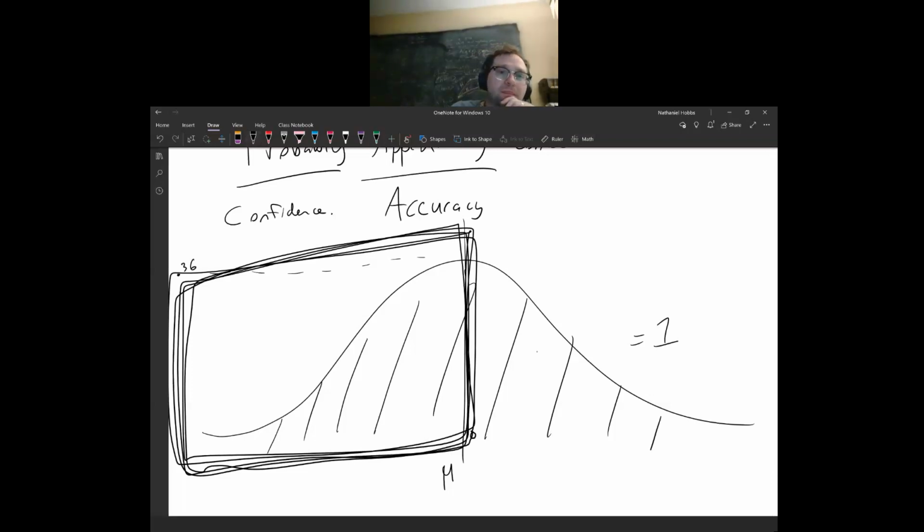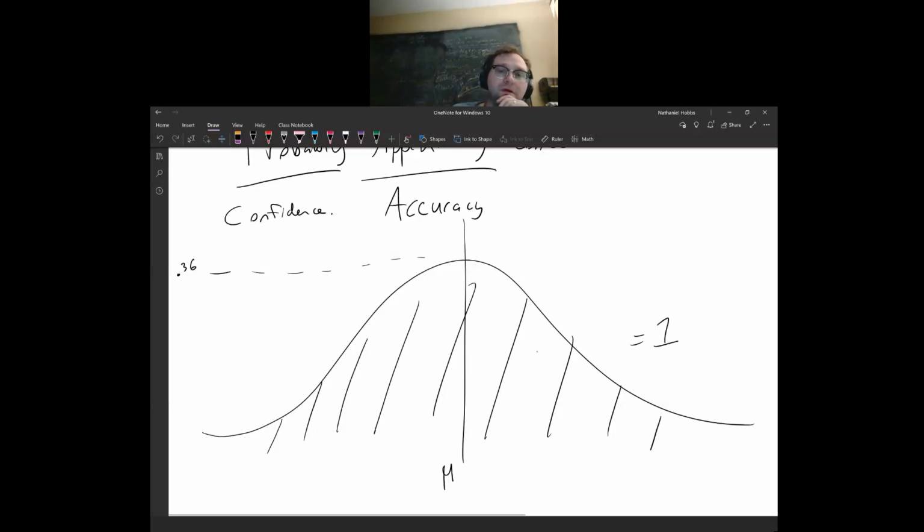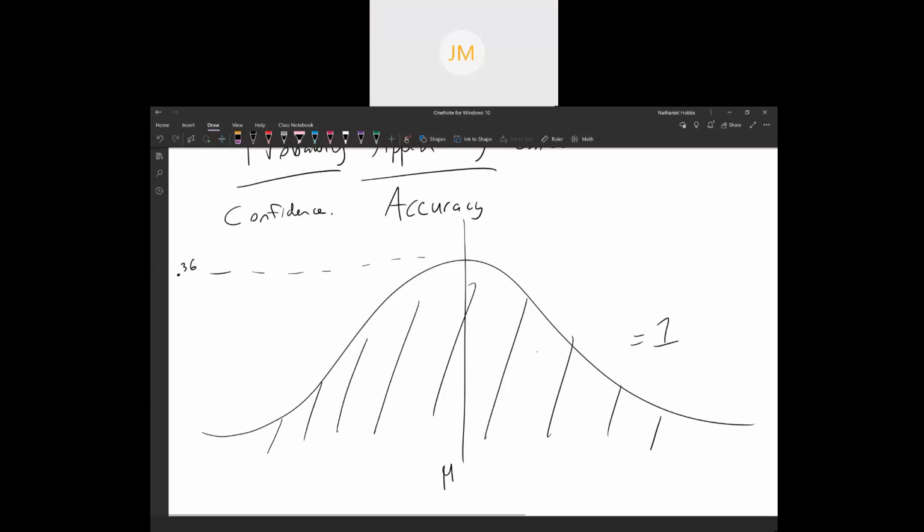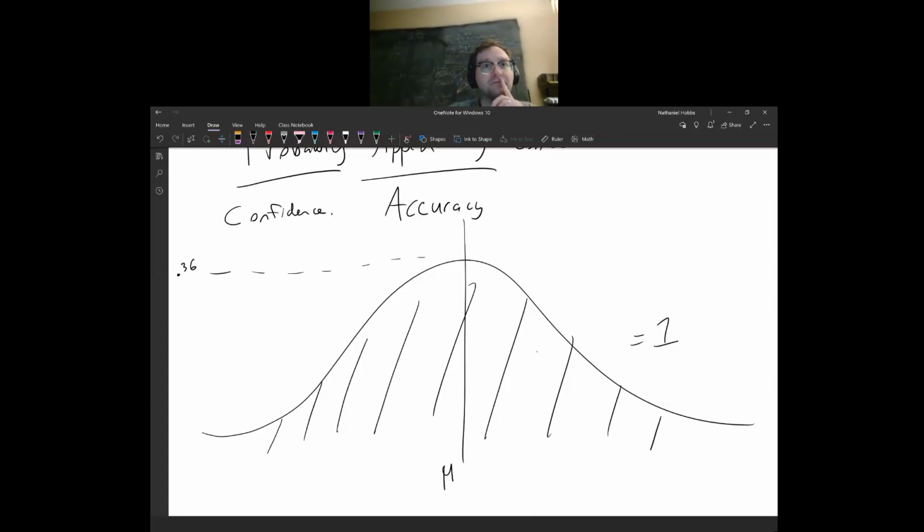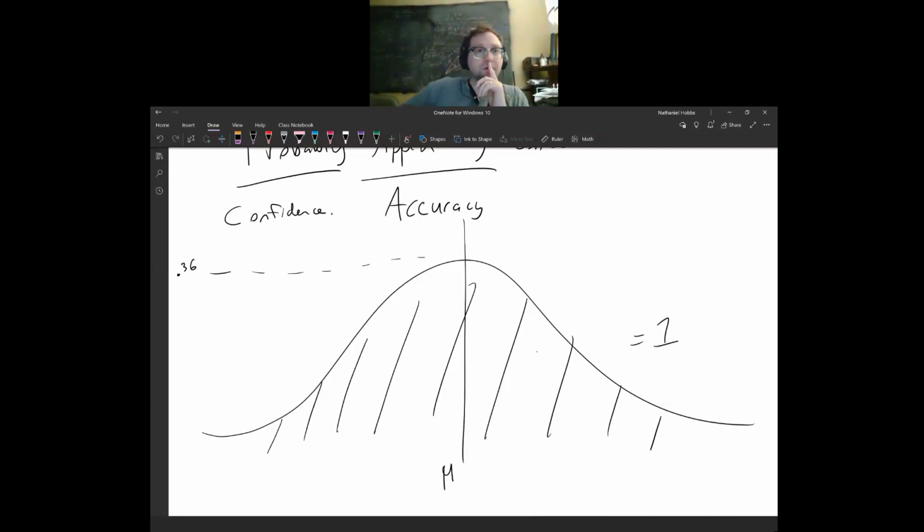Now, the area under this curve is 1, right? Yes. All right. So let's capture 95% of the area under the curve. I captured 50% just now. I want you to tell me how to capture 95% of the area. What do I do?